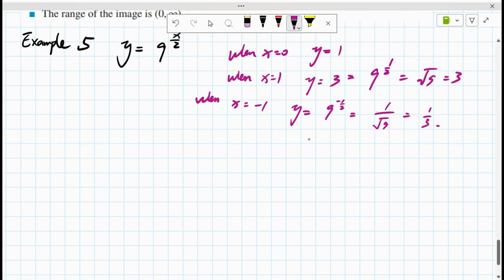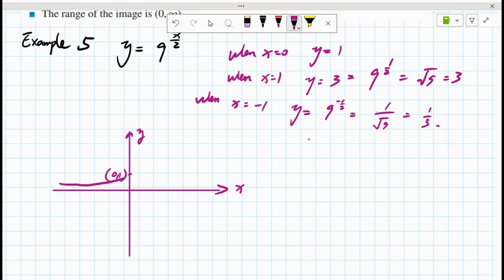We figured this out, and then we can draw the graph. You can see every single time I always start with x equals 0, and if you do the same thing, you can find your y-intercept straight away. And pretty much like that.